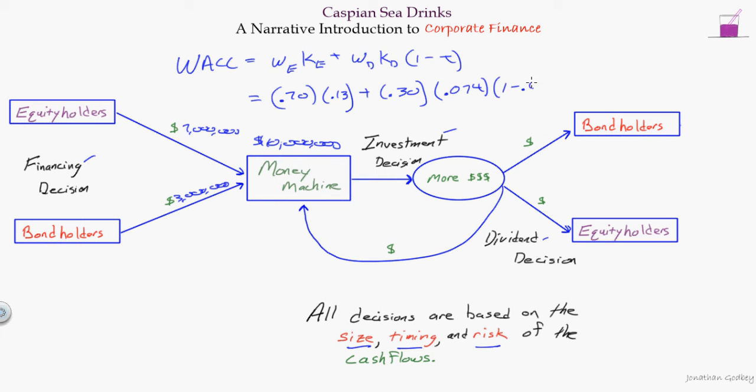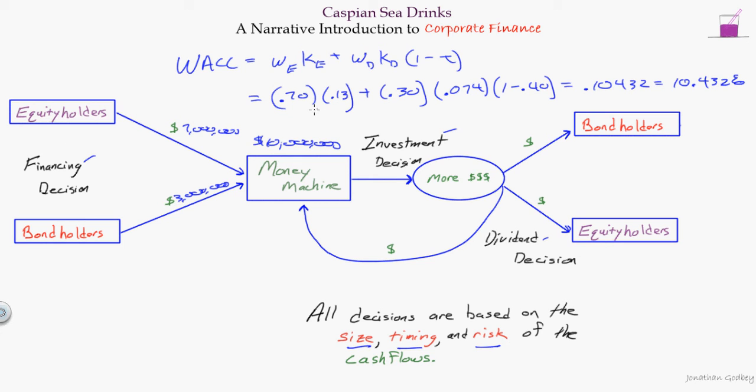We just assume that's right. So that's 1 minus 0.4. This is going to come out to be 10.432. In other words, my weighted average cost of capital is 10.432%.